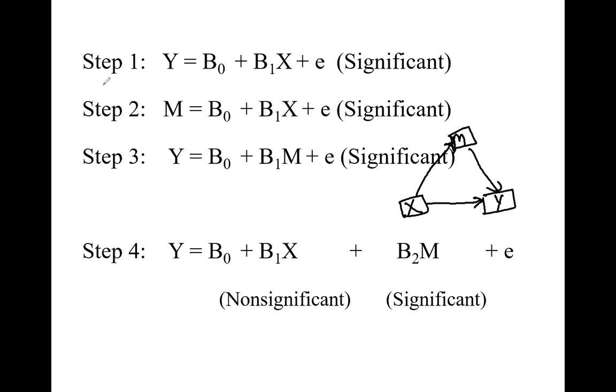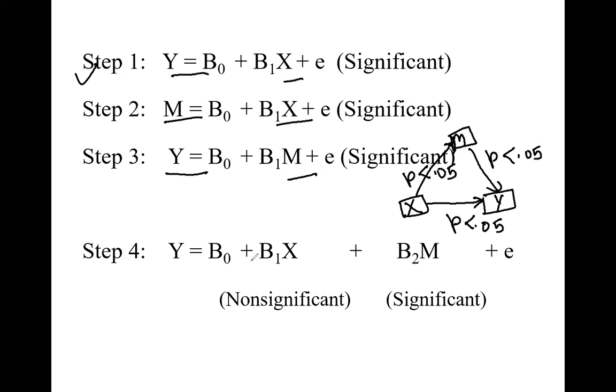In the first stage, step 1, the relationship between Y and X should be significant, meaning the p value between the 2 variables should be less than 0.05. Second, the relationship between M and X should be significant. So how will you check significance? The p value should be less than 0.05. Third step, Y and M, the p value should be less than 0.05.